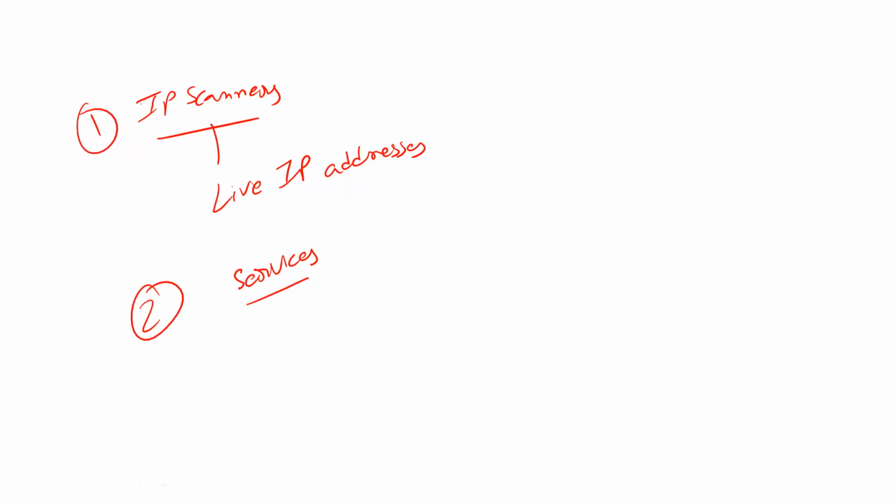To identify running services, we were discussing identifying the open ports. So we have to check what open ports are available, and for this, we are using port scanning tools.